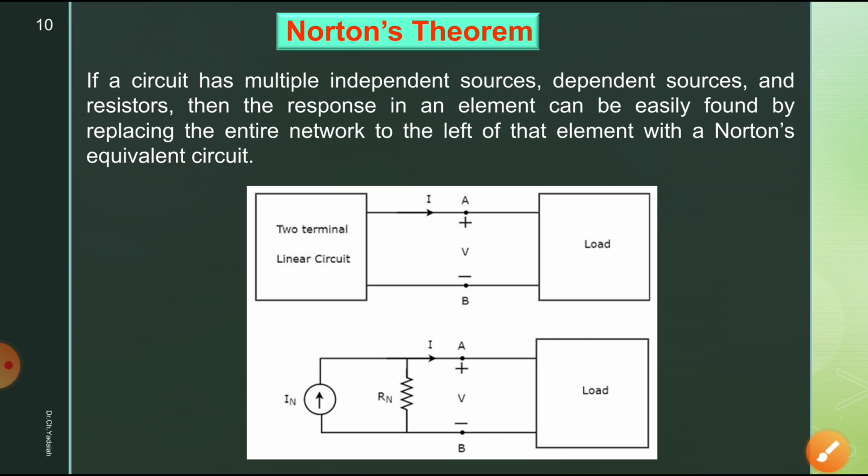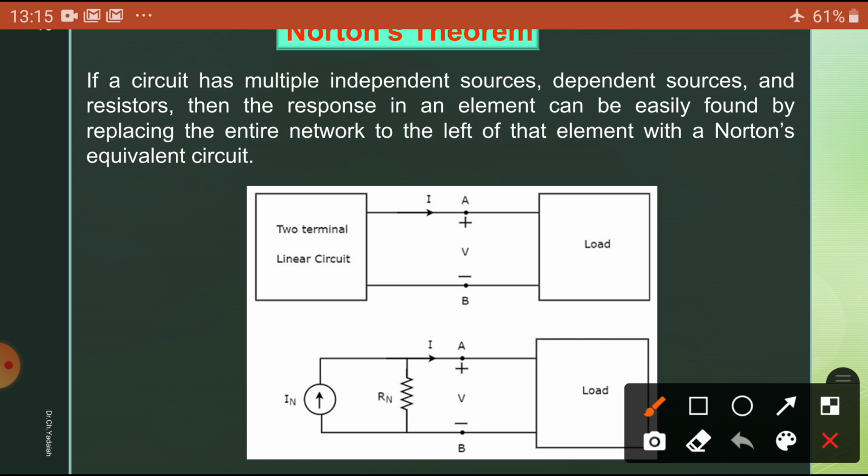If a circuit has multiple independent sources, dependent sources and resistors, then the response in an element can be easily found by replacing the entire network to the left of the element with a Norton's equivalent circuit. For example, here a load is connected. I want to know the current and the voltage in the load, and the load is supplied from this network.